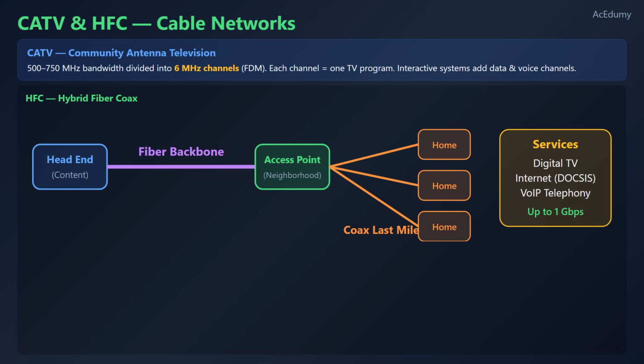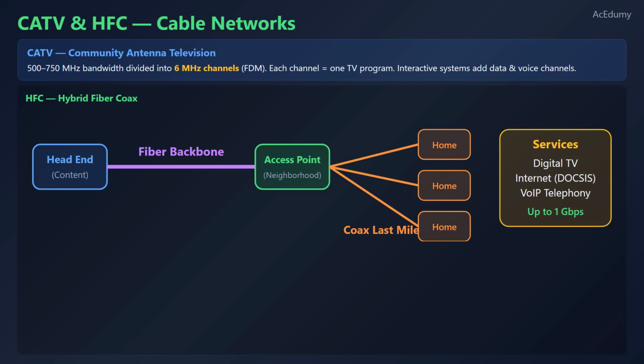The total bandwidth is subdivided into 6 MHz channels, each carrying one analog television program. This is actually frequency division multiplexing in action, the same concept we learned earlier. Interactive CATV systems also include channels of various widths for two-way data and even voice transmission.